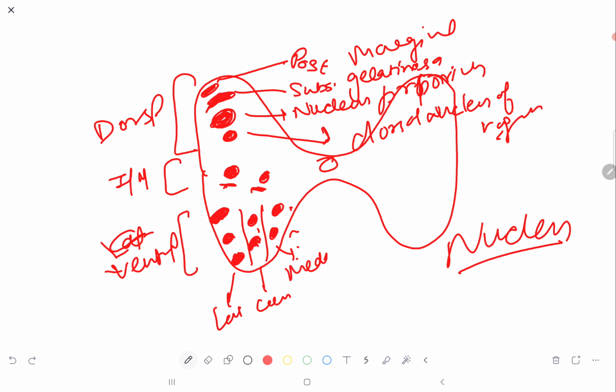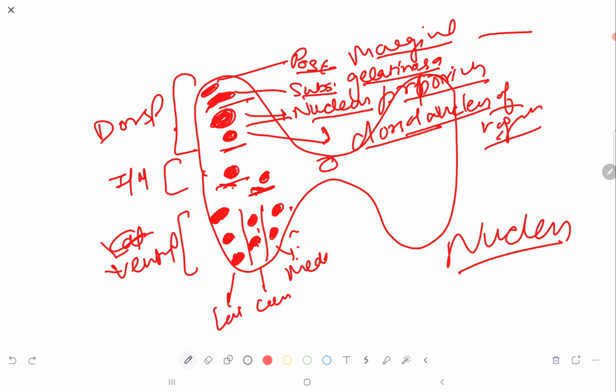I will repeat the nuclei. In the dorsal column, we have the posterior marginal nucleus. Then we have substantia gelatinosa. Then we have nucleus proprius. Then we have the dorsolateral nucleus and dorsal nucleus of vagus. Then we have intermediate lateral, then intermediate medial.